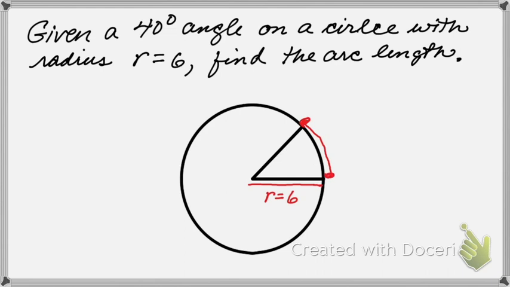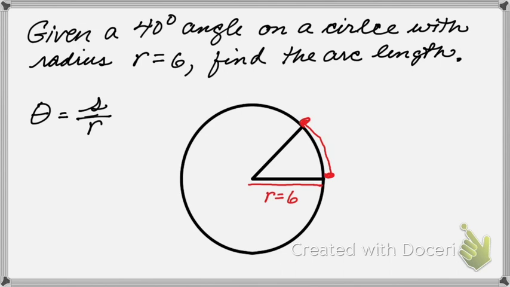Well, the formula that we have is that theta is equal to S over R. And theta has to be in radians.